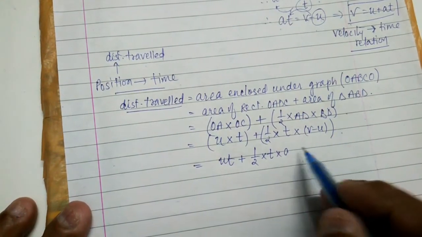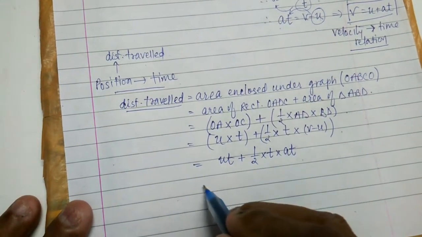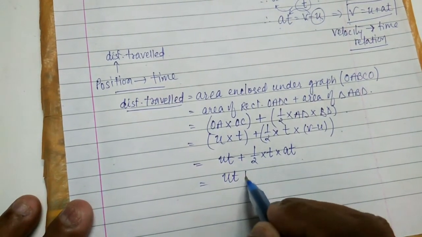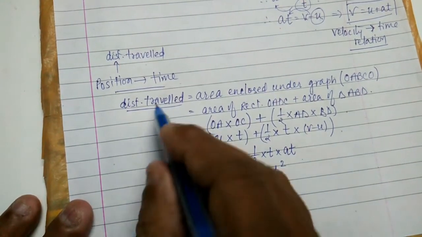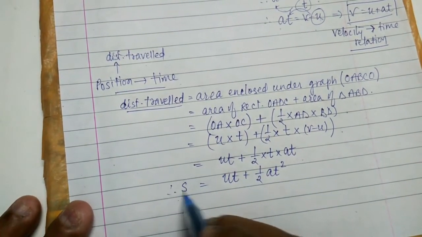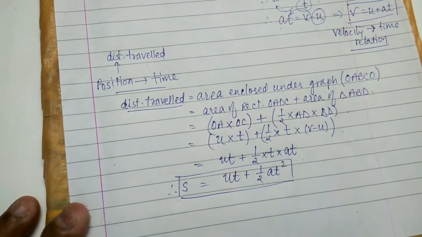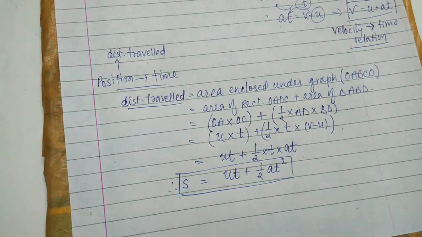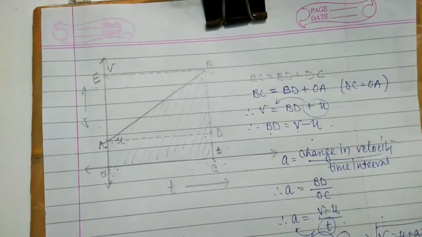Put this V minus U as AT. It is UT plus 1/2 AT square, and distance traveled is called S. So S is equal to UT plus 1/2 AT square. This is the relation of position to time. So position to time relation.